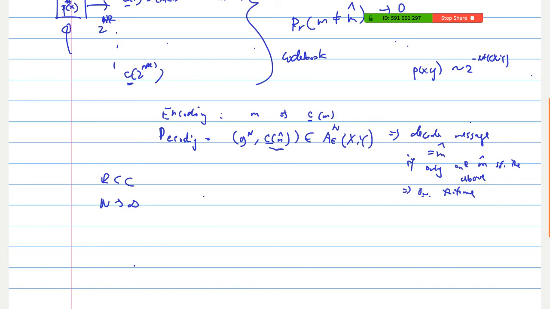So let's look at all the error cases when we will have failure. Let me call the first error event P1: the probability that C_M and Y are not jointly typical.